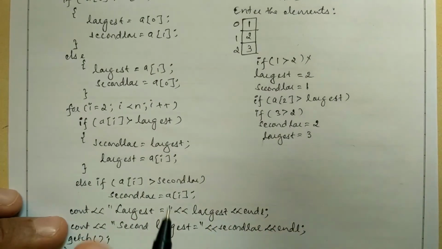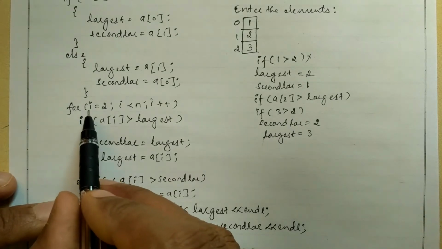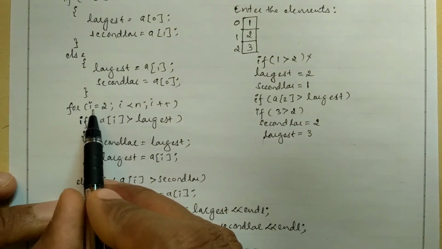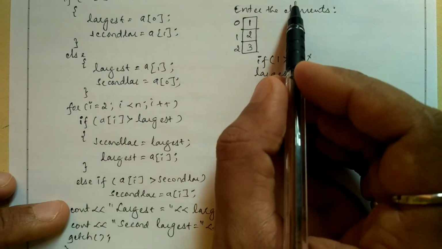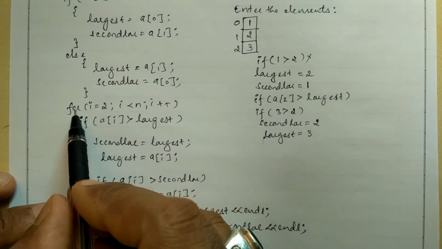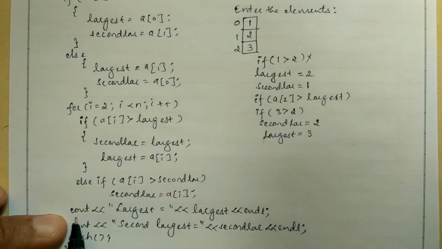Yes. Next, control transfers directly to the for loop again by incrementing the value of i by 1. Now the i value is 3, correct? So is 3 less than 3, where n value is 3? Hence it is false. Once the condition is false, the control comes out of this looping structure and it is going to print the largest and second largest.